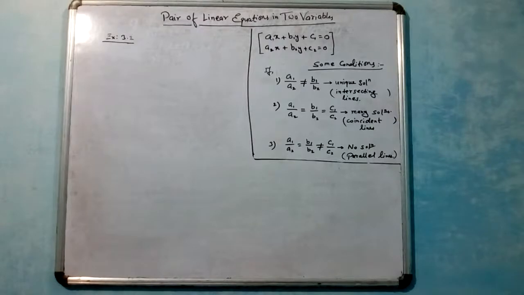Hey man, where are you lost? Both, no. That's what we are studying: pair of linear equations. So the solution of a pair of linear equations has to satisfy both. The same x and y values, if substituted in either the first equation or the second equation, have to satisfy it. Then only we can call it a solution.